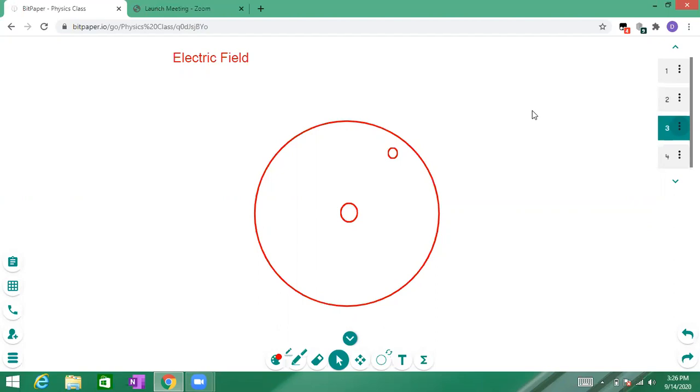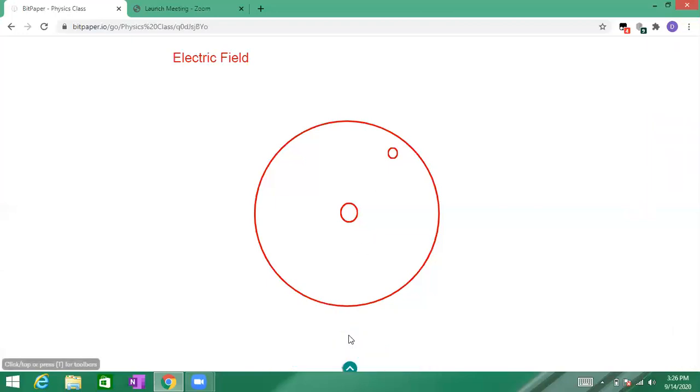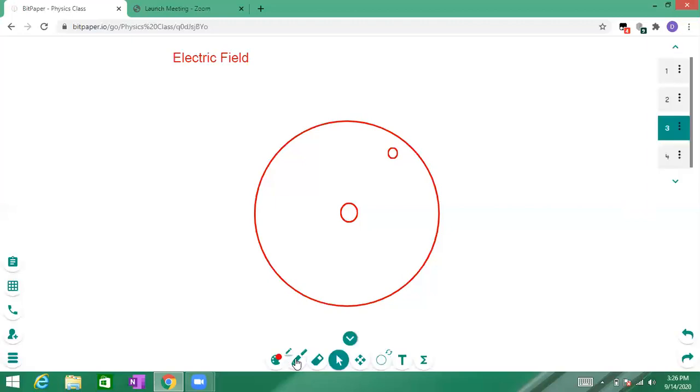Now today, we want to discuss a very significant concept, a very important concept, which is called electric field. This is a positive charge, or it may be negative. Let us consider it to be positive. Suppose that it is a positive charge and it is another positive charge.